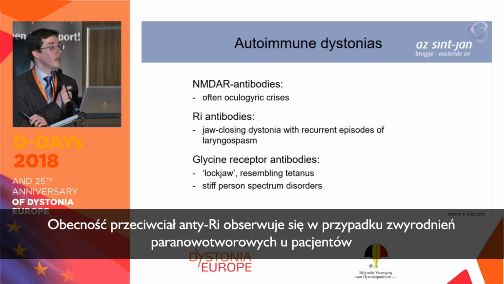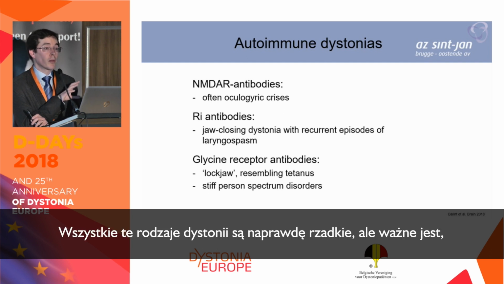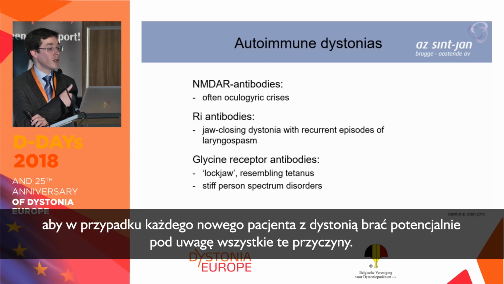And these Ri antibodies are caused as a paraneoplastic phenomenon by certain types of cancer that can give rise to these antibodies. All of these forms of dystonia are really rare, but it's important if a patient presents with a new dystonia to think about these causes.